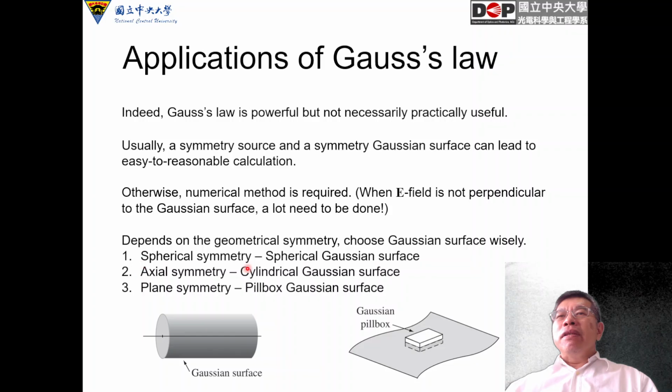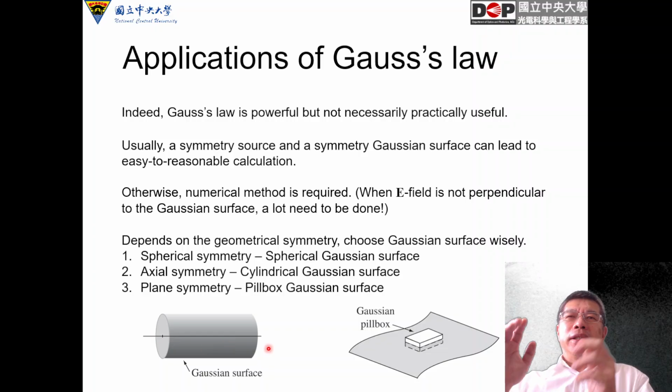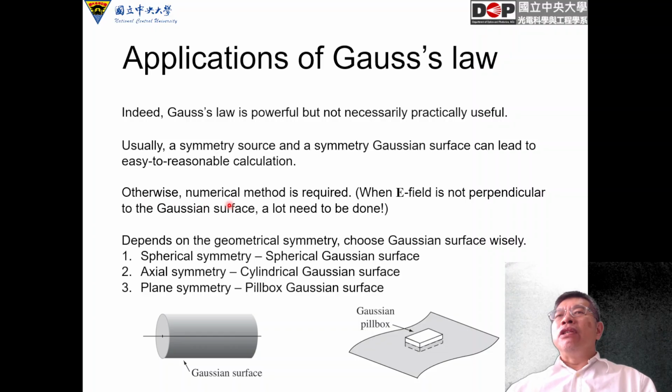Typically, for spherical symmetry, we use a spherical Gauss surface. For axial symmetry, we choose a cylindrical Gauss surface. For planar symmetry, we choose a pillbox. A pillbox is something like this, cylindrical is something like this, and spherical is spherical. Otherwise, a numerical method is required. We need to use very different numerical methods to solve complicated things.